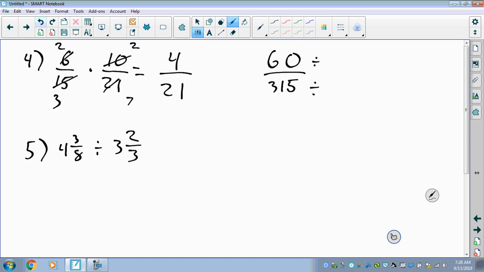That's going to be 12, and 315 divided by 5 is going to be 63. And then, if you notice something else, this is also divisible by 3. So I can divide by 3 on the top and divide by 3 on the bottom, and you're going to get exactly what we got. You're going to get 4 over 21, right?